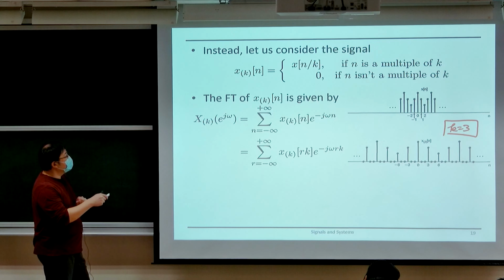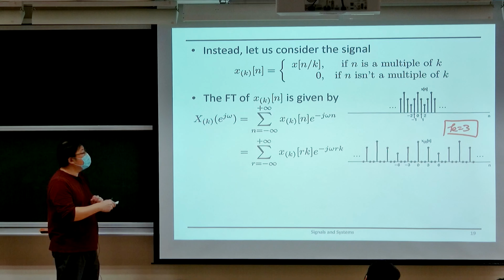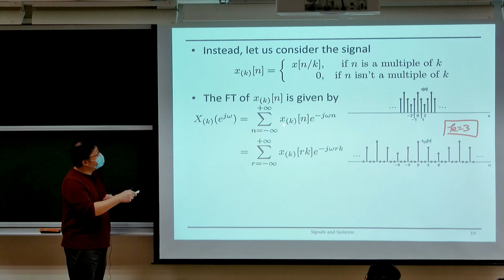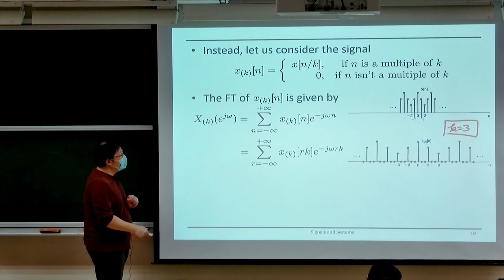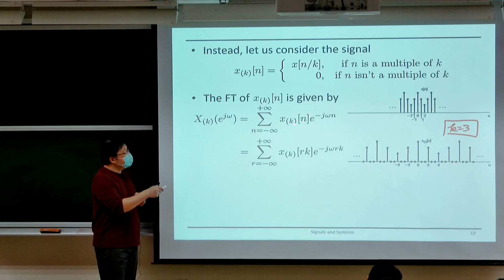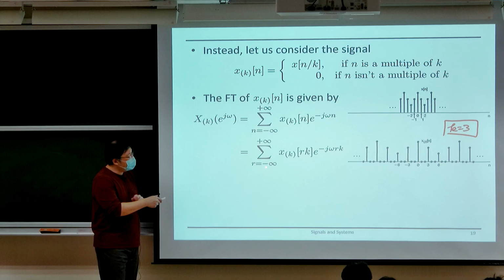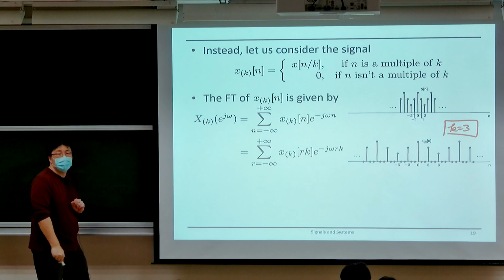The Fourier transform of this is the summation of the signal times e to the minus j omega n. Now this signal is non-zero only for integer multiples of k. So you can change this summation from a summation over all n to a summation only over integer values of r. So you sum over x_k[rk] for r from minus infinity to infinity.